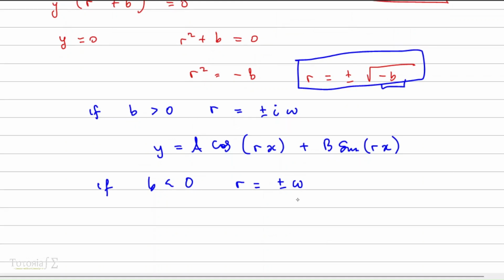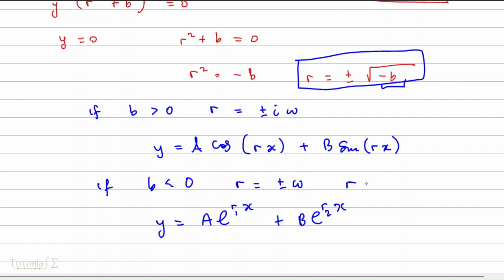Then if we have a real r, the solution of y is equal to a e^(r1 x) plus b e^(r2 x). Remember here r has two solutions, the positive and the negative.